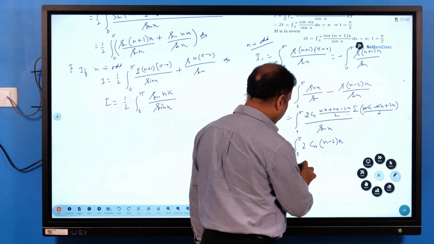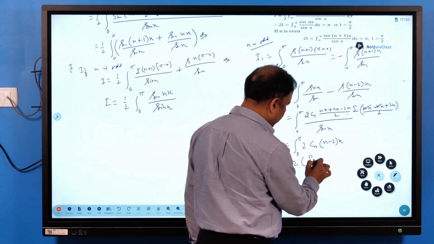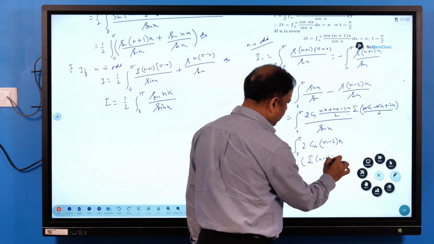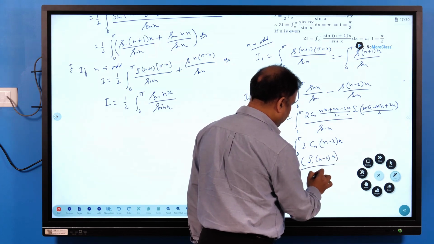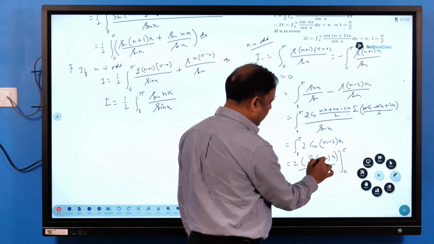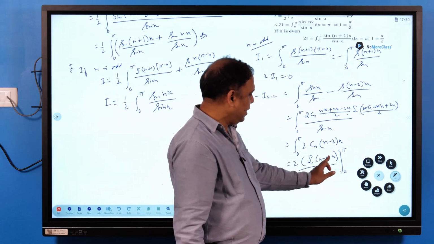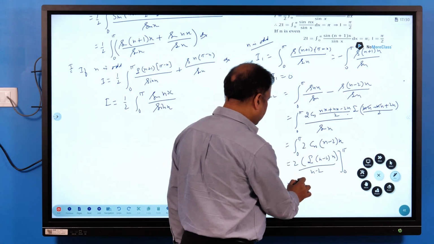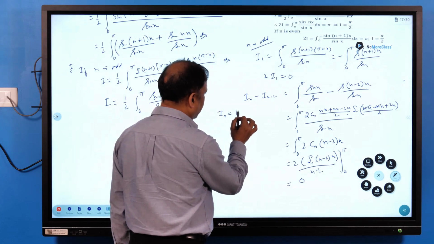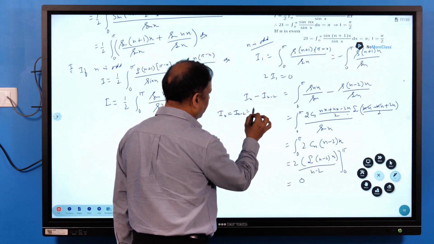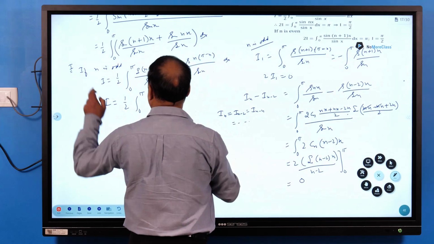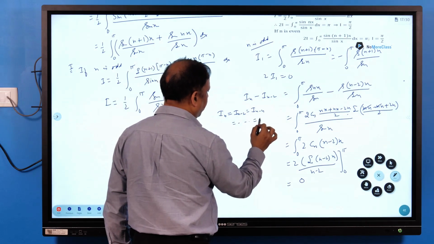So this is equal to 2 times the integration of cos, which is sine((n minus 2)x) upon (n minus 2), from 0 to pi. So whether it is even or odd, sine((n minus 2)pi) will be 0, sine 0 is equal to 0, so that is equal to 0. This implies I_n is equal to I_(n minus 2) is equal to I_(n minus 4), till we reach the smallest odd n, which is I1.